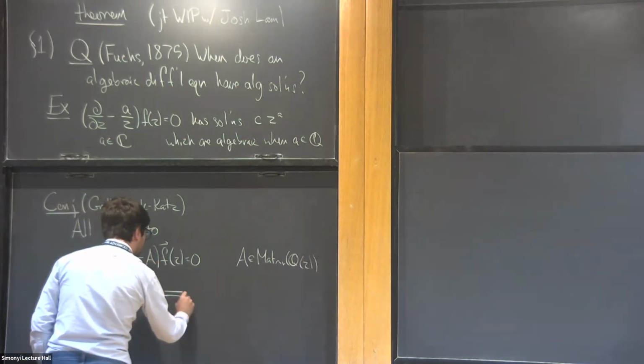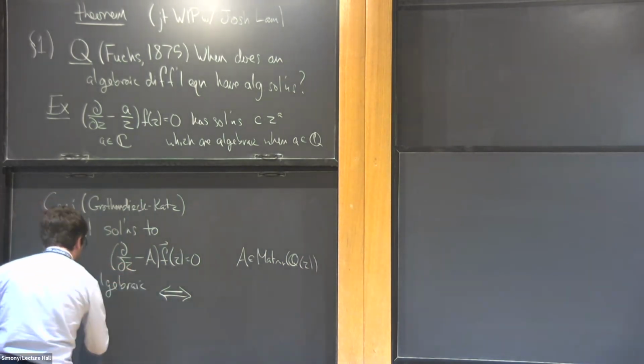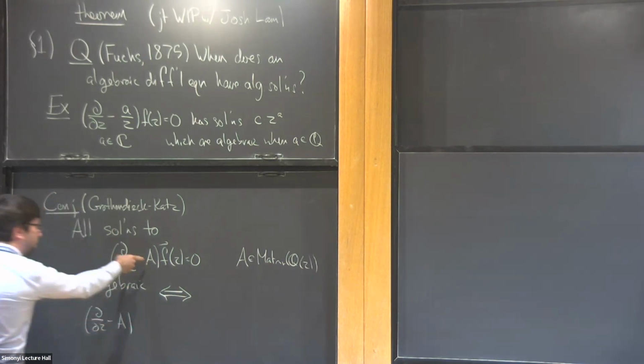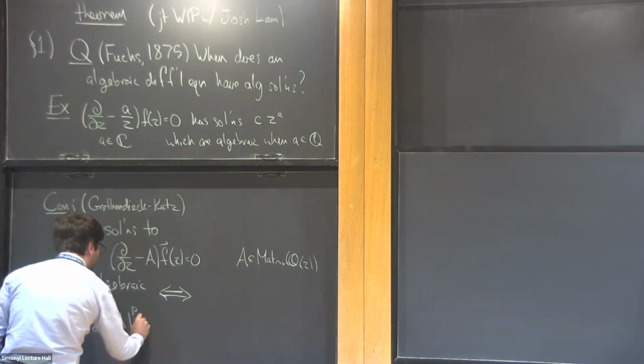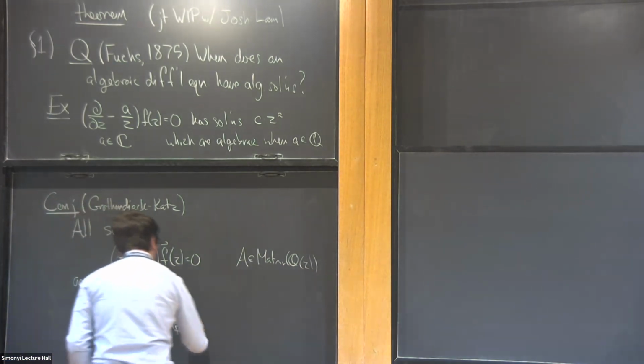The conjecture is that all of the solutions to this differential equation are algebraic if and only if some arithmetic condition is satisfied: this differential operator, d/dz minus A, to the pth power is identically 0 mod p for almost all primes p.